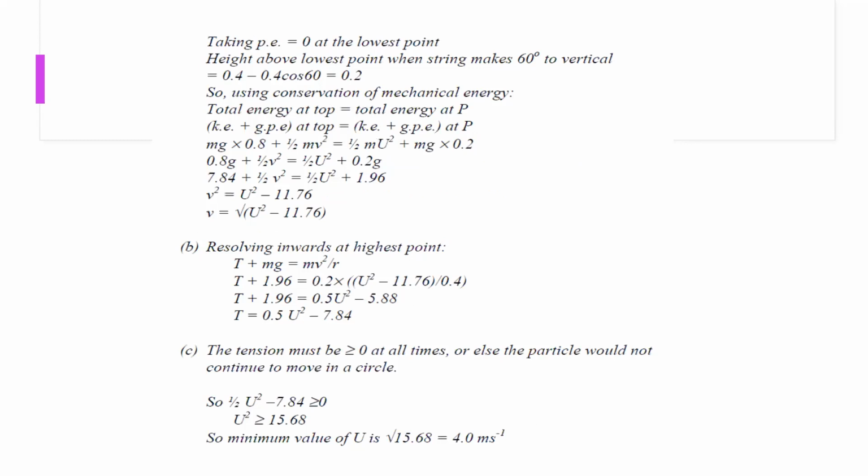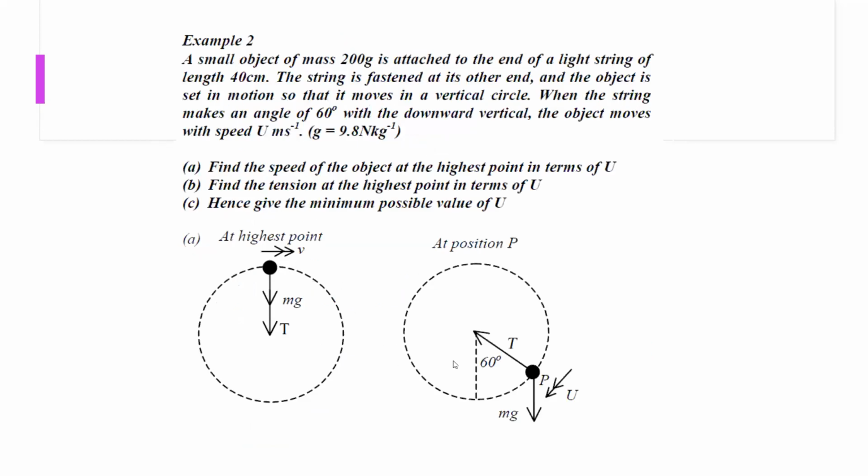Or you can use a simple formula: the weight is acting downward, and this tension will have two components, the one within the angle, T cos theta.